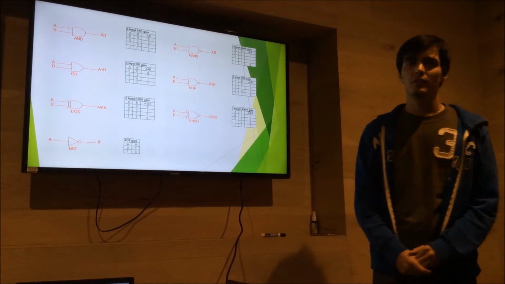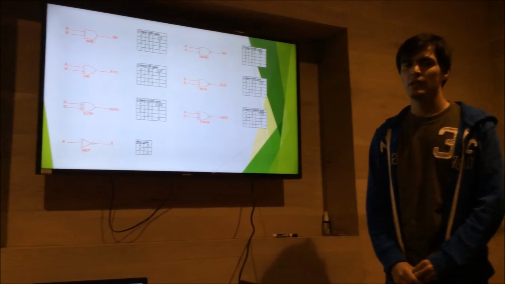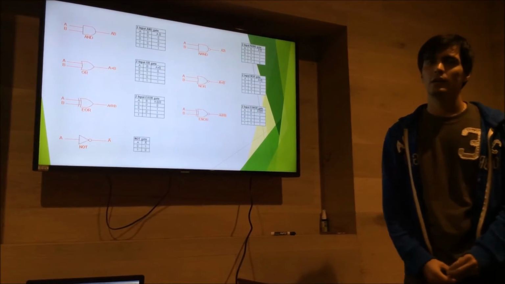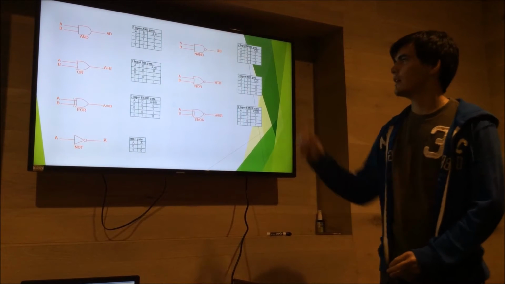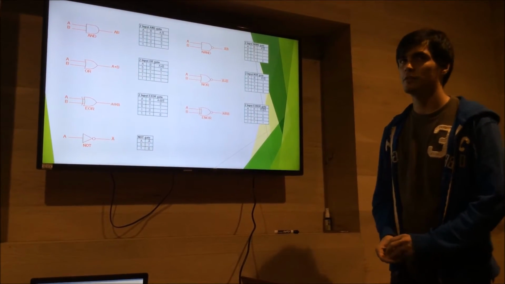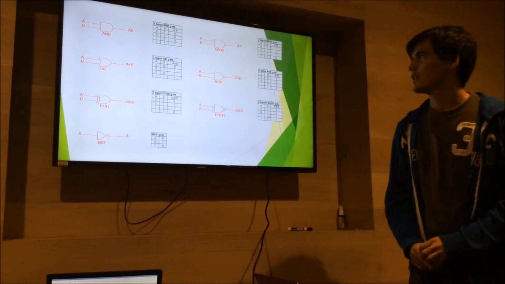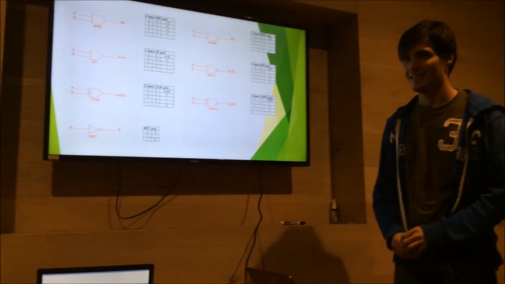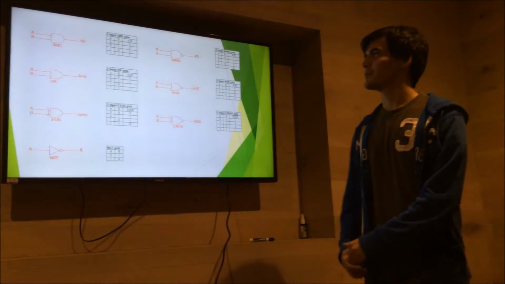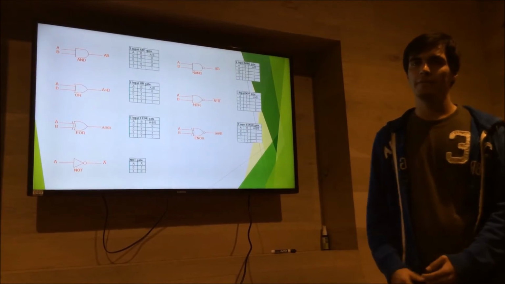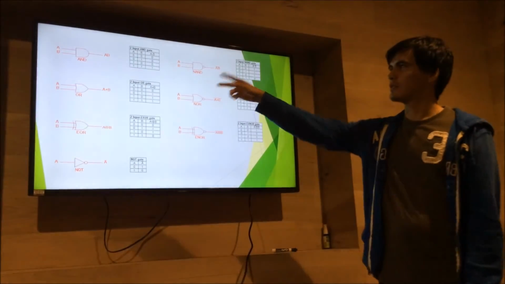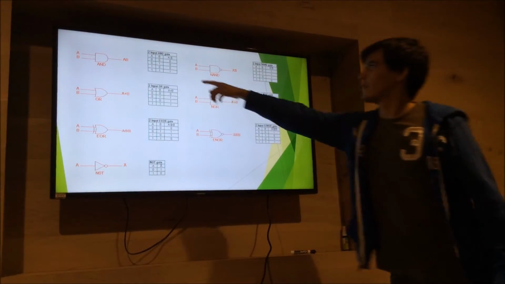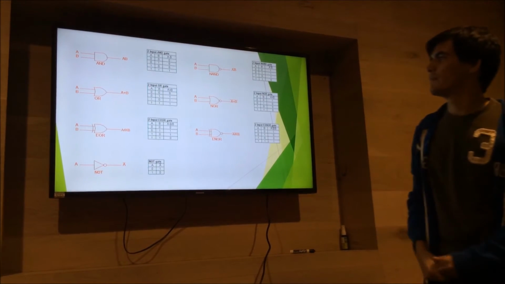Here we have the most common truth tables of the logic gates: AND, OR, exclusive OR, and NOT. The AND gate is for multiplying, so we will have zeros until the two inputs are 1, like we can see in this table.